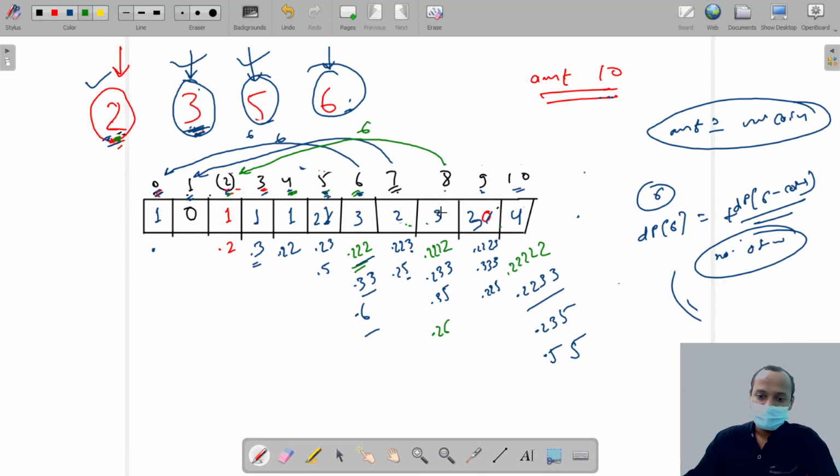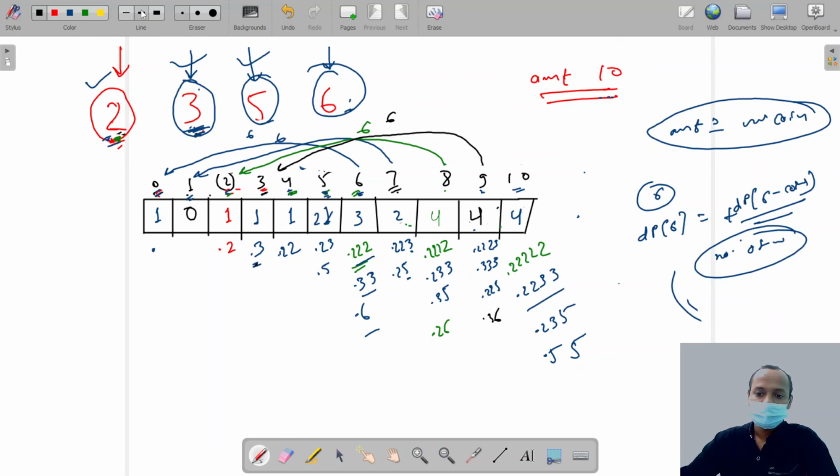Now we update our answer. It is now 3 plus 1, that is 4. Now we are at 9. Using a 6 rupees coin, we reach 3, and there is a way to pay 3, that is 3, and we are adding 6. So the total number of ways to pay 9 rupees is now 4, 3 plus 1.